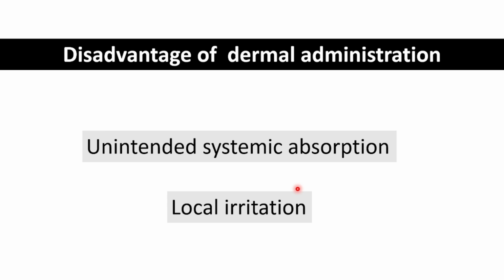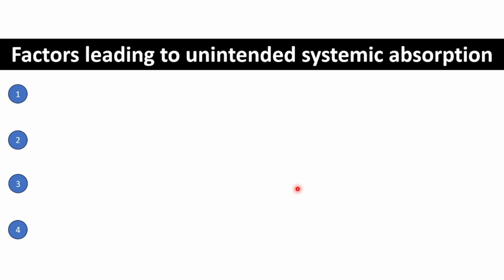Our next slide will focus on reasons for unintended systemic absorption. So there are 4 factors that can lead to unintended systemic absorption.